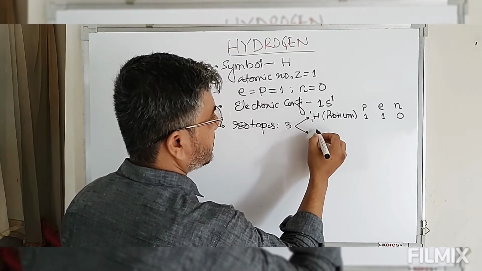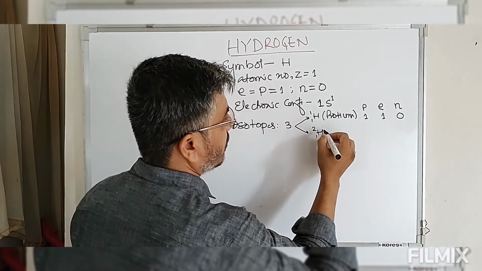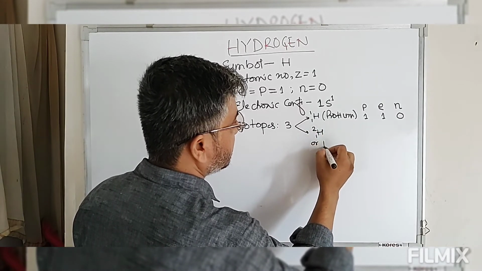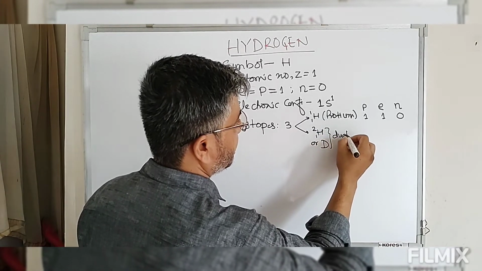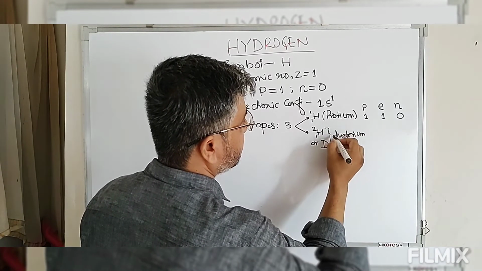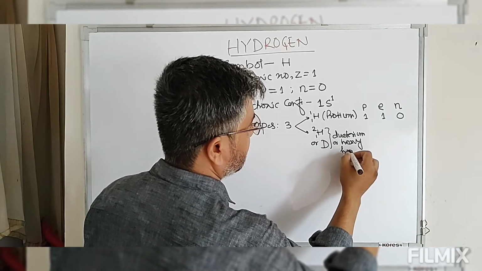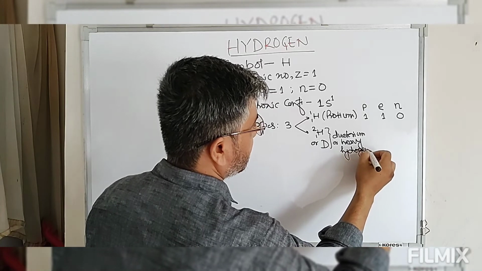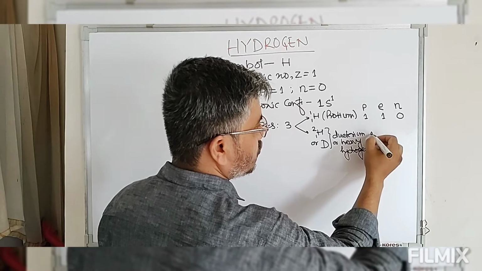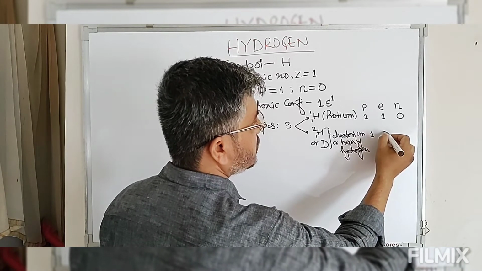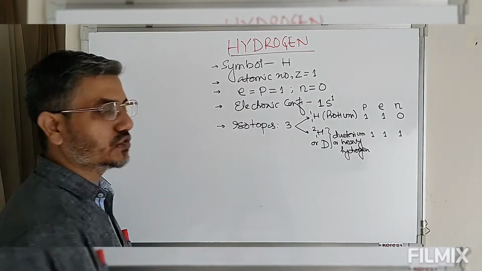Then we have another, that is H1 with mass number 2, or simply written as D, deuterium, or heavy hydrogen. The atomic number is as it is, 1, the number of electrons is 1, but we have one neutron.